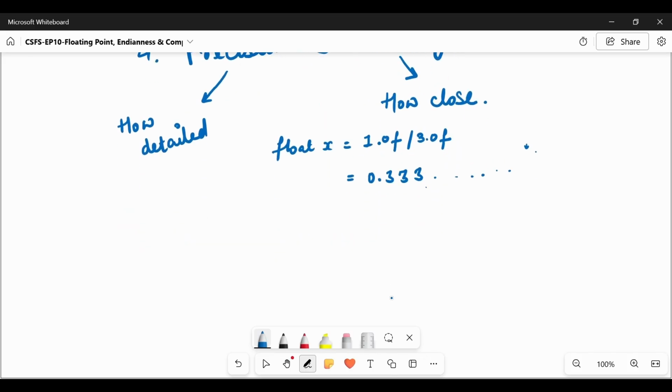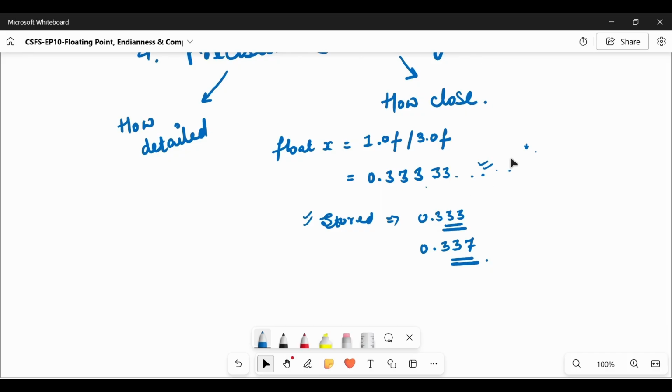The actual value is 3 continuing infinitely, whereas when we store the value, we store only a few bits, like 0.333. Precision is how detailed we can go, at the 32-bit level, whereas accuracy is how close we are to reality. For storing, we remove the extra infinite digits to get an approximate value.